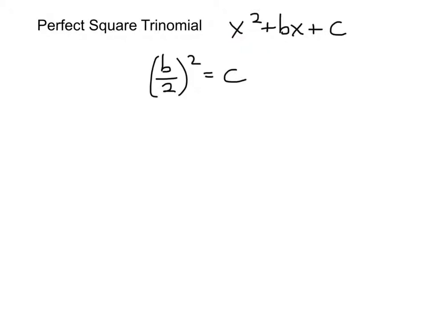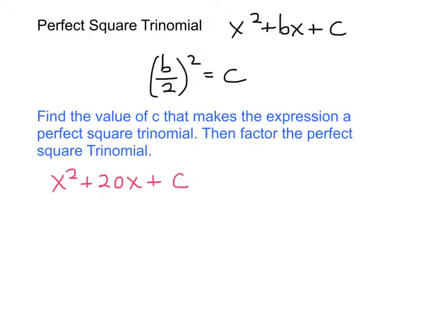To generalize, if you have a trinomial x squared plus bx plus c, it will be a perfect square trinomial only if that last number, c, equals the middle coefficient b divided by 2 and then squared. Now what we need to be able to do is find the number c that makes a trinomial a perfect square trinomial. So let's practice this.